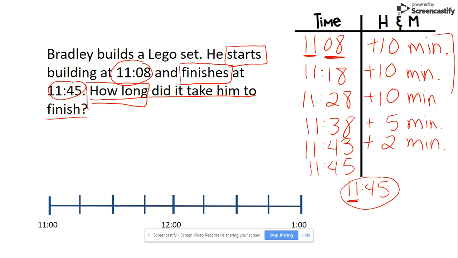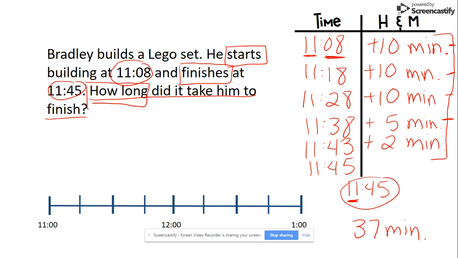Again, to calculate elapsed time, I have to add everything over here in this column. And this is why I like to add by tens and fives and smaller increments, because it's going to be a lot easier at the end. So I can count by tens, 10, 20, 30, 35, 36, 37. So 37 minutes have gone by.